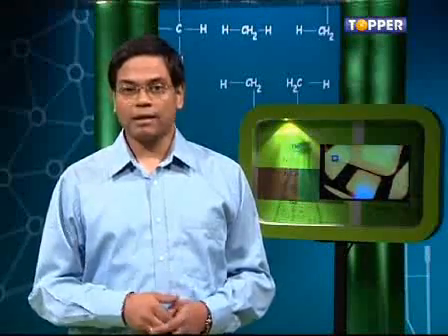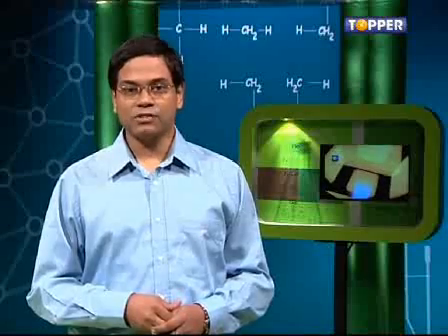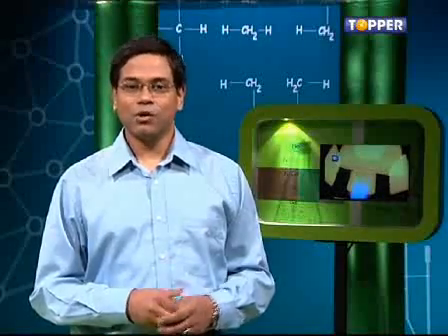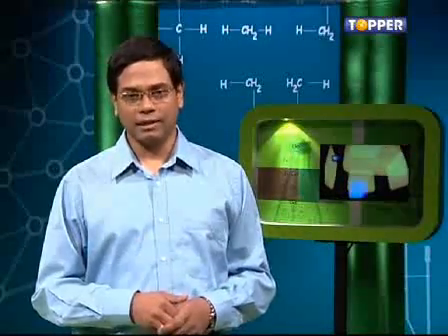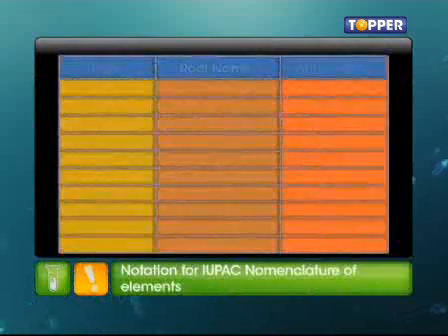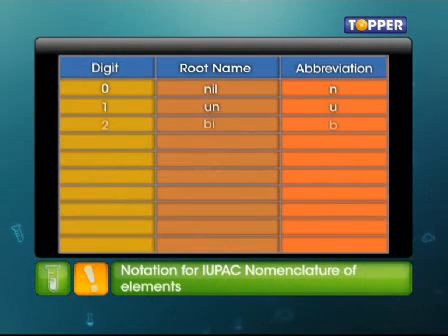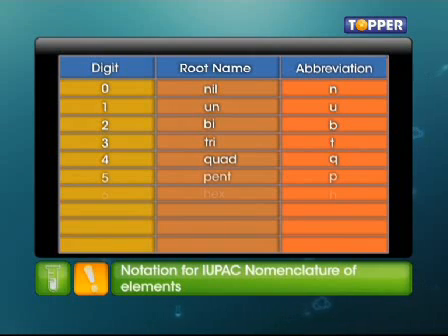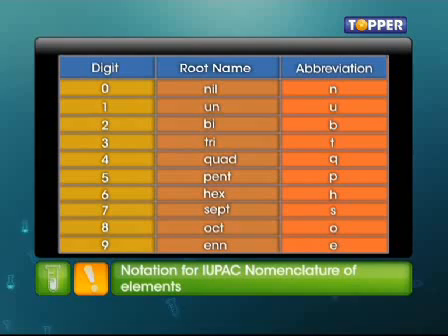In order to avoid such conflicts, the IUPAC framed fresh guidelines to name all new elements whose complete data had not been collected. The nomenclature would be derived from the digits of the atomic number. The numerical roots for 0 and numbers 1 to 9 are as shown in the table. The first letter is the abbreviation representing the name of the root.